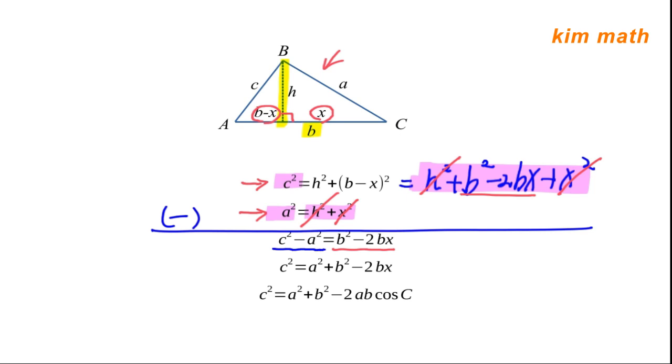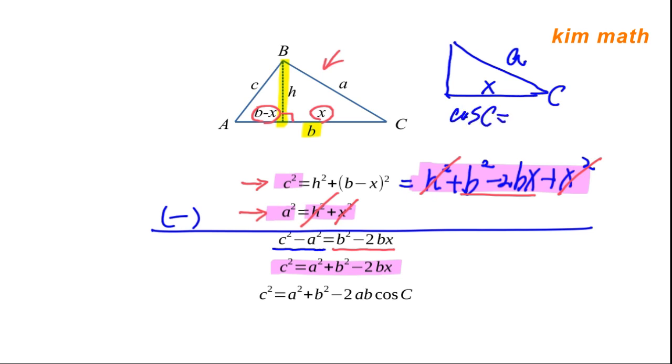Good. Okay, if you add a squared to both sides, you have c squared equals a squared plus b squared minus 2bx. Is it correct? Okay, I will sketch one more triangle, the right side triangle only, and this is a, this is x, this is angle C, right? So what is the cosine C? Cosine is adjacent over hypotenuse, so x over a.